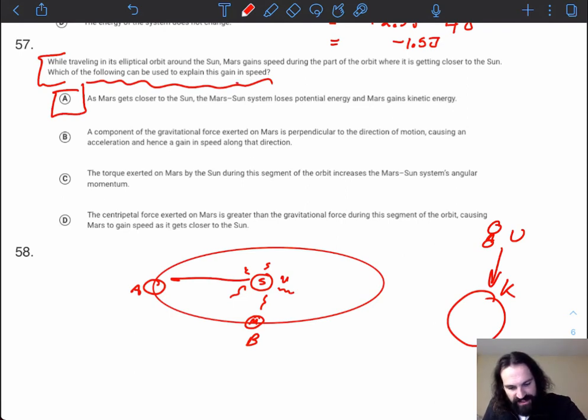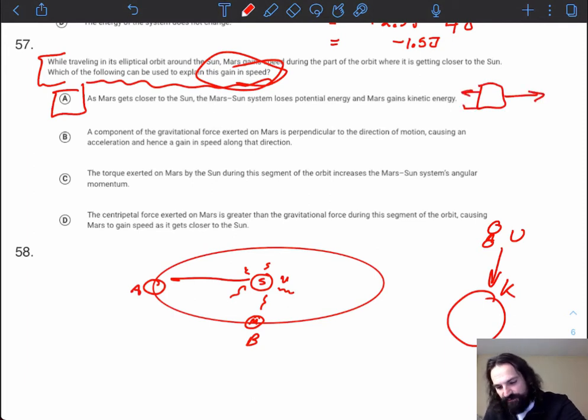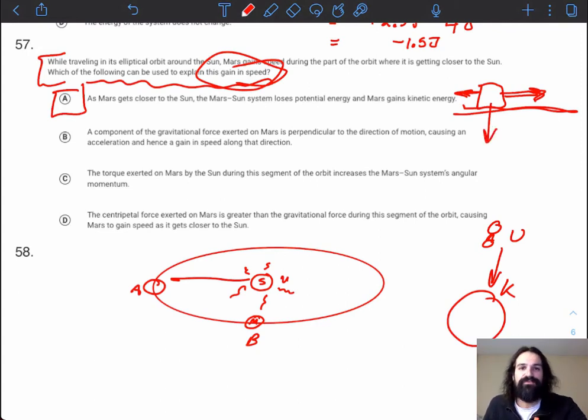What causes the gain in speed? Forces cause an increase or a decrease in speed when they're in the same direction as the motion, right? If you push a car that's moving forward, it's going to get faster. If you push a car that's moving forward backwards, it's going to get slower. But a perpendicular force won't change its speed, it's going to change its direction, which is what happens with this. So I'm ruling out B.